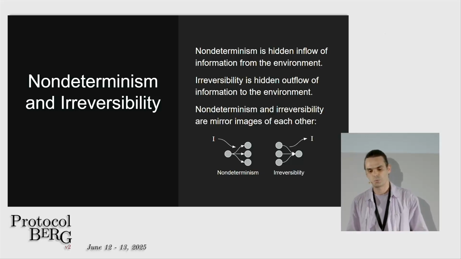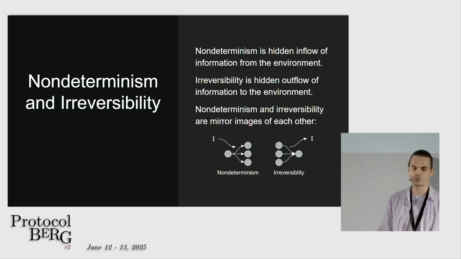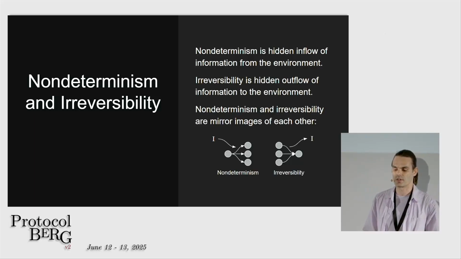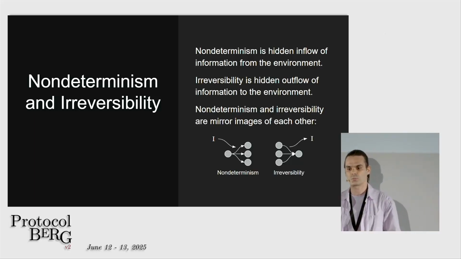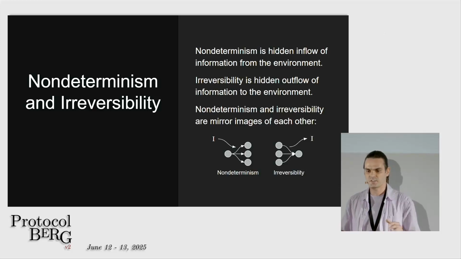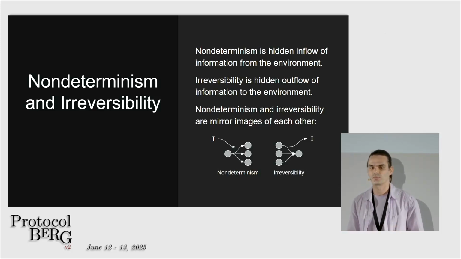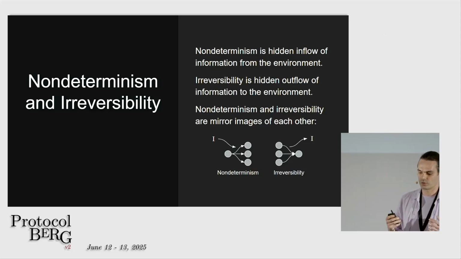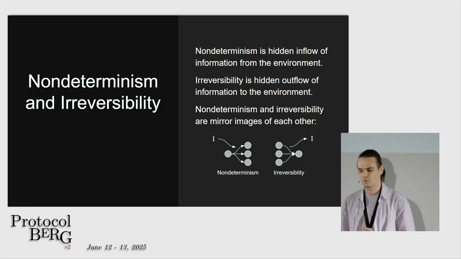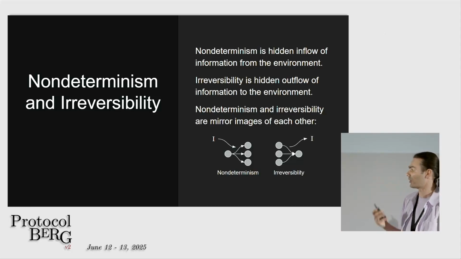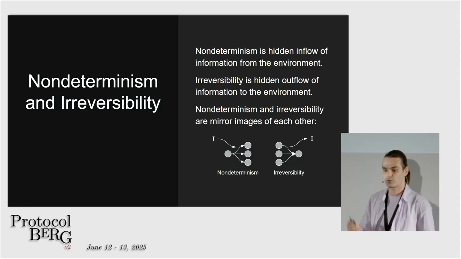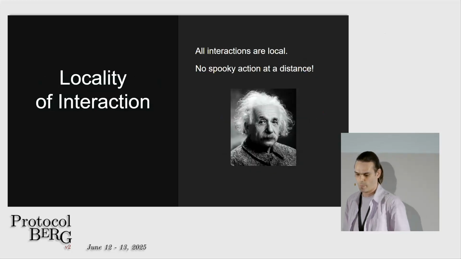Likewise, if we cannot restore the exact input from the output of a computation, then we must be losing some information, kind of dissipating it into the environment. So irreversibility is hidden outflow of information to the environment. Look how closely they are related, like mirror images of each other, duals.